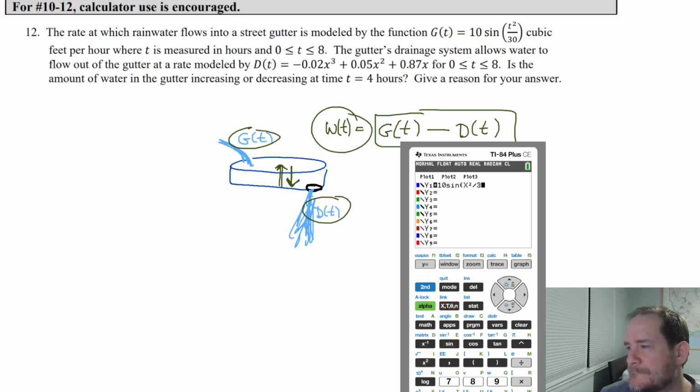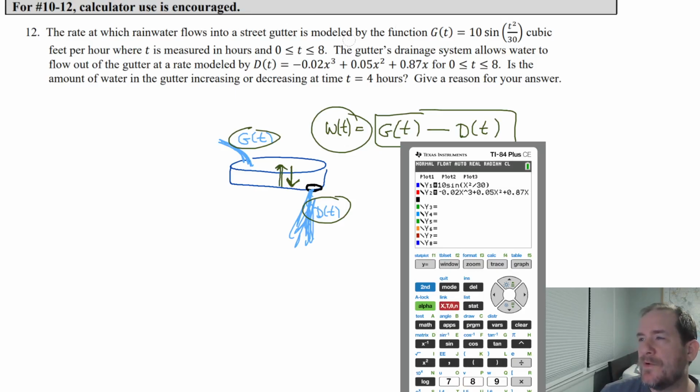And then for y2, I want negative 0.02 x cubed, and then plus 0.05 x squared, and then plus 0.87 x.